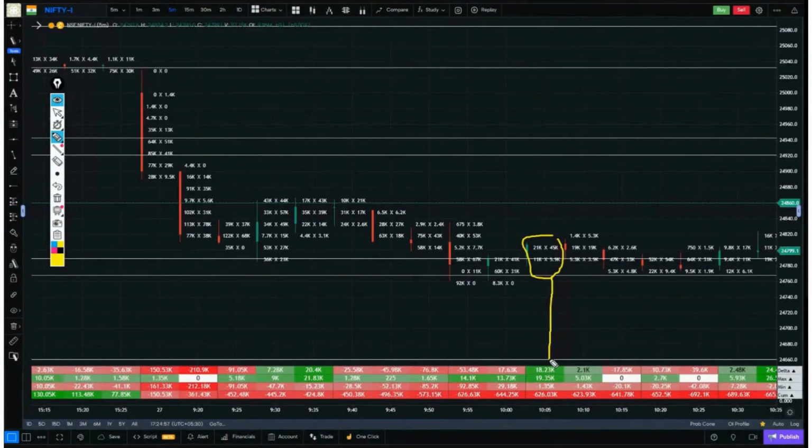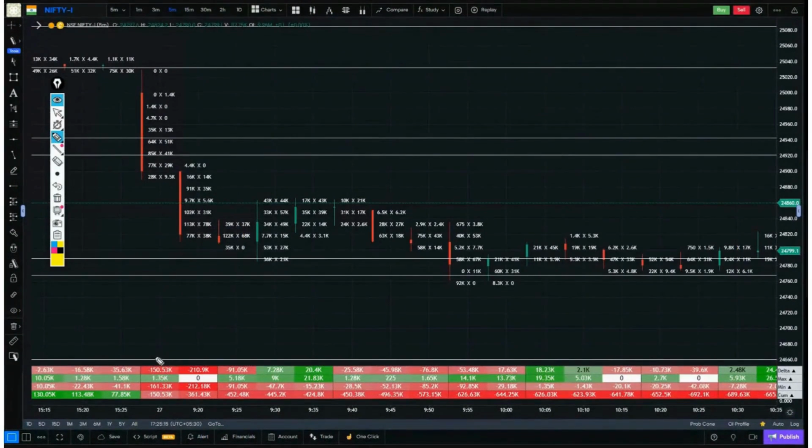Pick any candle and you will immediately understand whether there are more buyers or more sellers in that candle. Like I picked this candle, checked the delta, there are more buyers; picked this candle, checked the delta, there are more sellers. Now you are able to understand the essence of each candle.